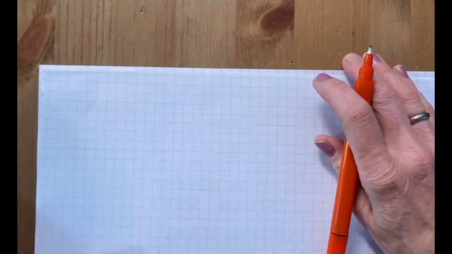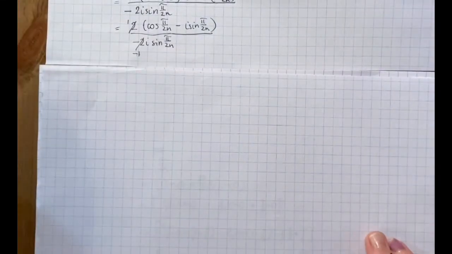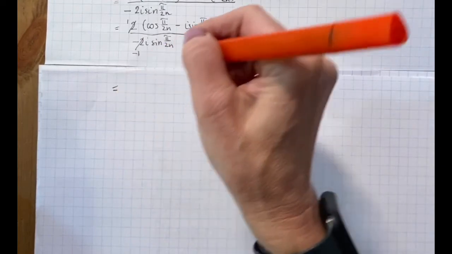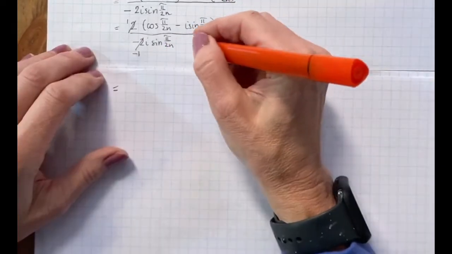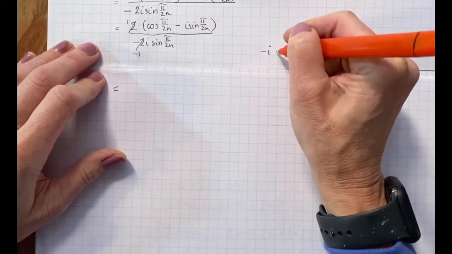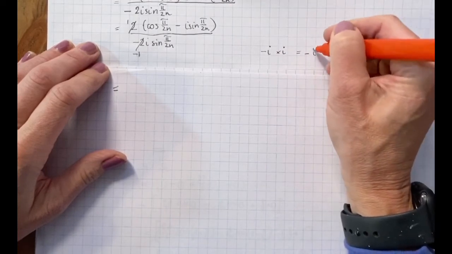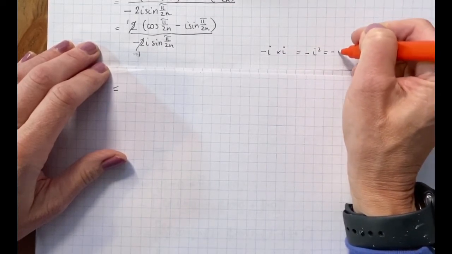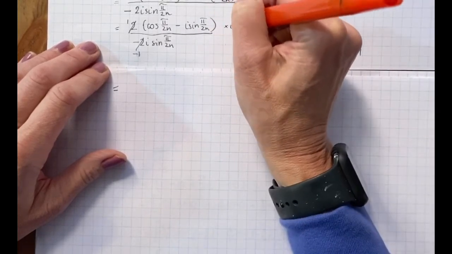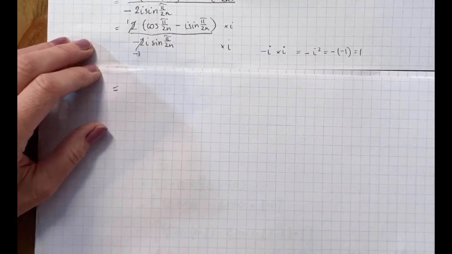Okay, if I go down here, you'll be able to see my last line of work. So here in the denominator we've got minus i. So if I multiply that minus i by i, we are going to get minus i squared. So it's minus minus 1, so that's going to give me 1. So that's what I'm going to do, multiply both the numerator and the denominator by i.